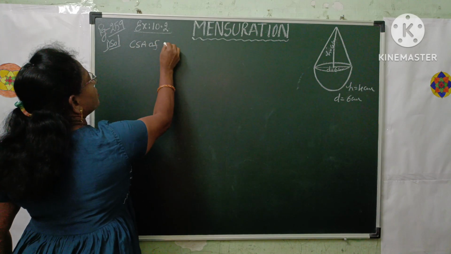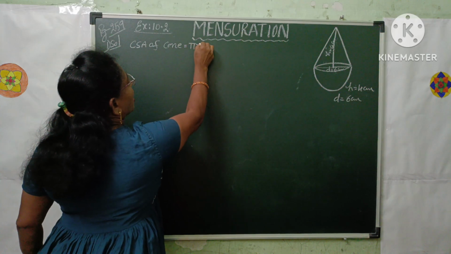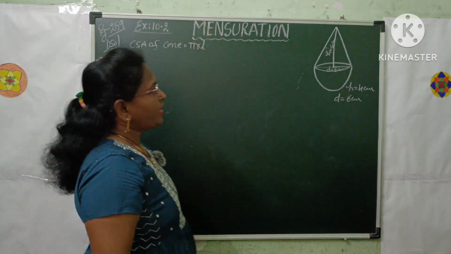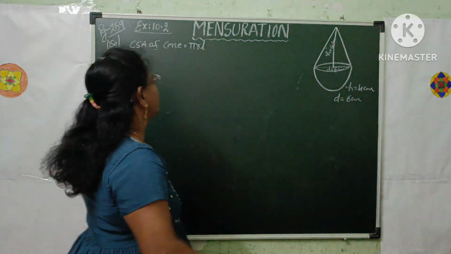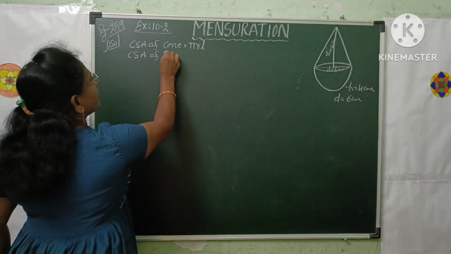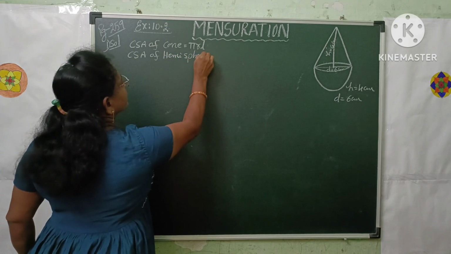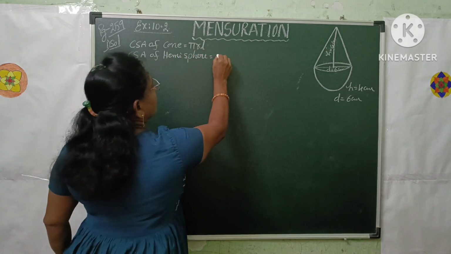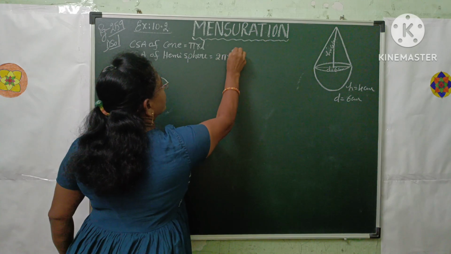CSA of a cone equals pi r L. Next, CSA of a hemisphere equals 2 pi r square.